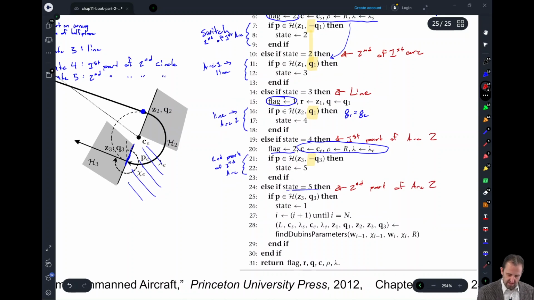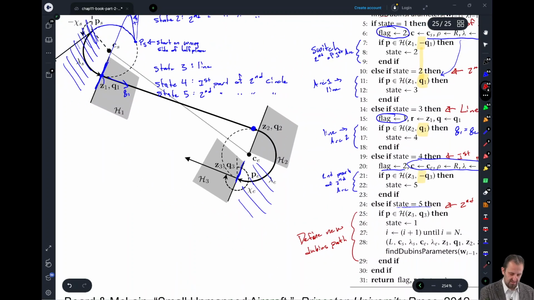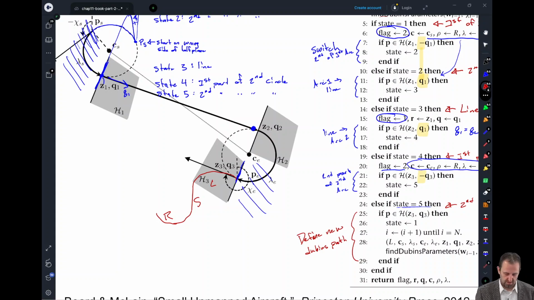And with these switching conditions, once we've now crossed into H3, we define the new Dubins path to follow. So we're executing our next path. We might do something like left, straight, right. I think I did that at the beginning of the lecture too. In this case there'll be left, straight, right, or whatever our next parameters end up being.